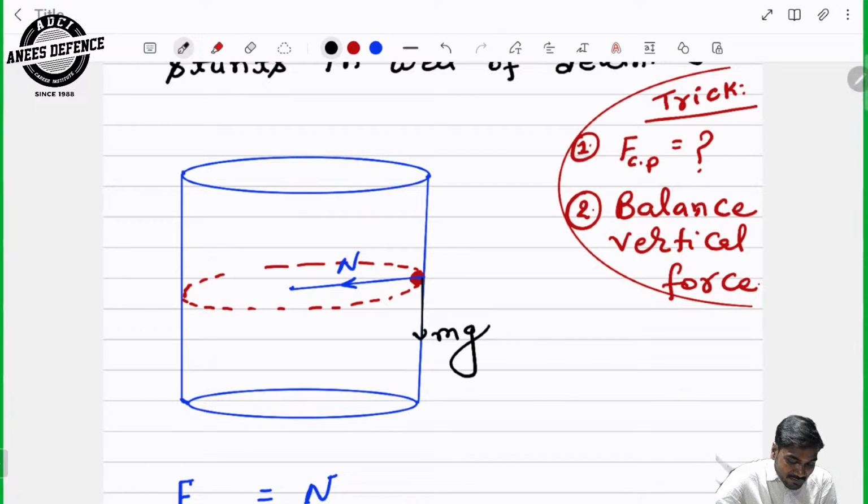But a force is acting in the upward direction, which is balancing that person so that he does not fall down. And that force is known as which force? Friction force. Yes or no?